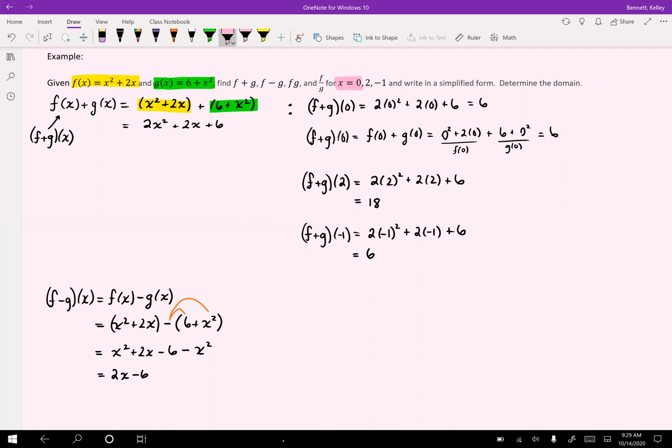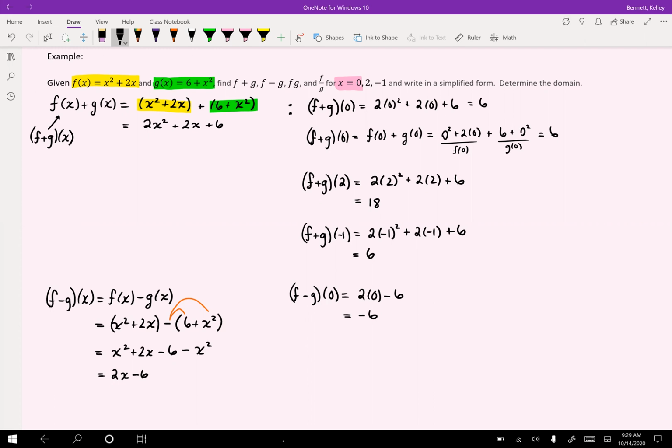Alrighty, so what I'm going to get is f minus g of 0 equals 2 by 0 minus 6, right? I'm just using this simplified form that we got on the left, and I'm evaluating it at a point, so I just get negative 6.